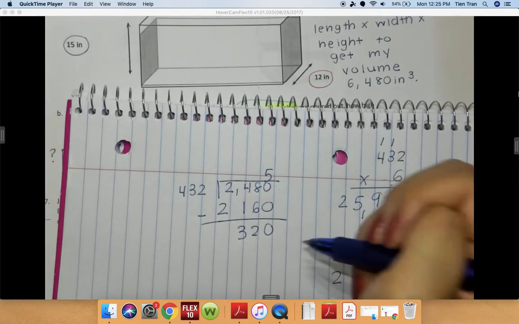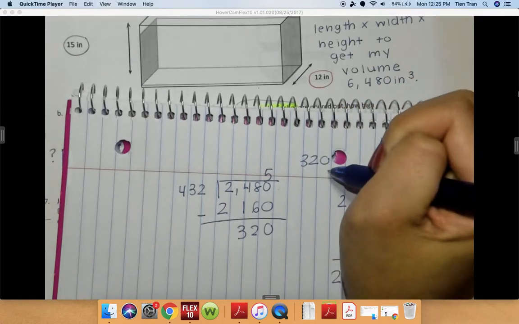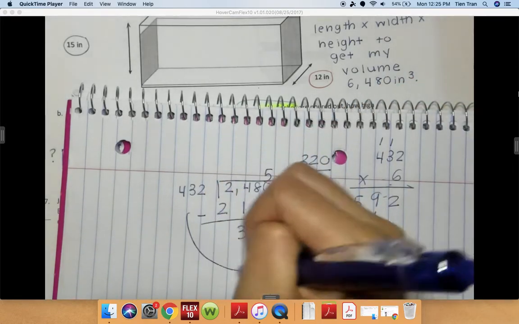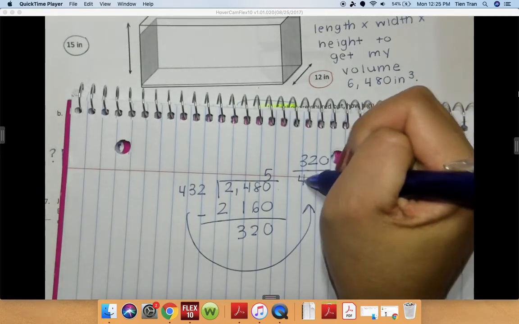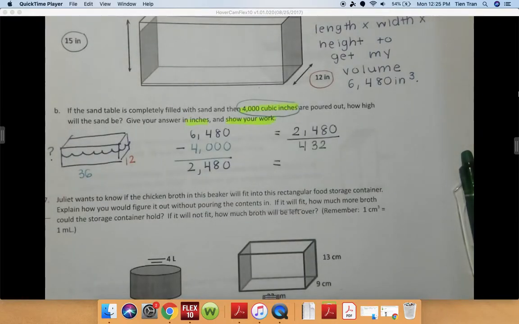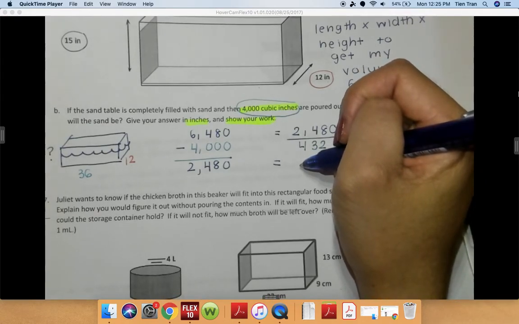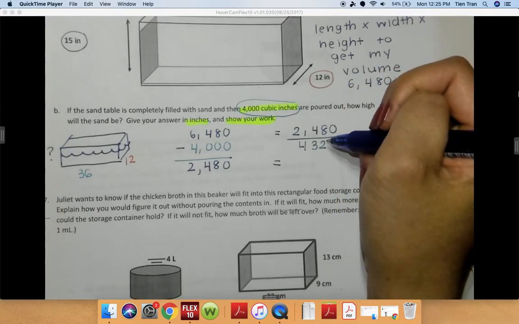So I have 320. I can't really put anything else into that. So 320 is going to be my number that goes on top, and 432 is going to be my number that goes on the bottom. Okay, so I have my answer.